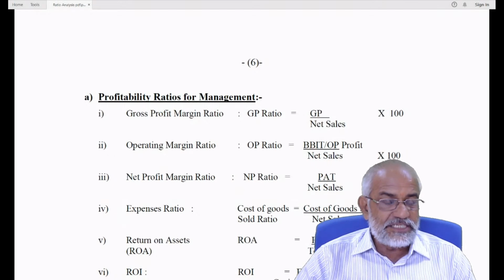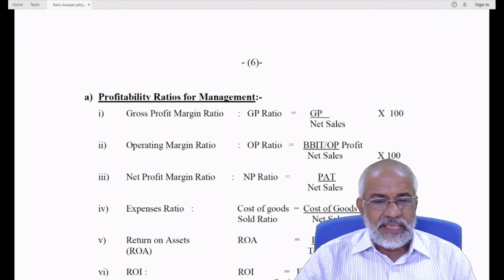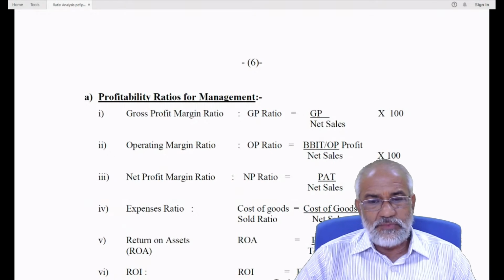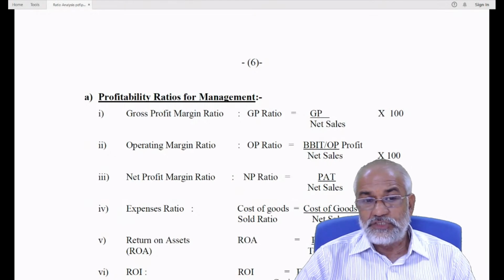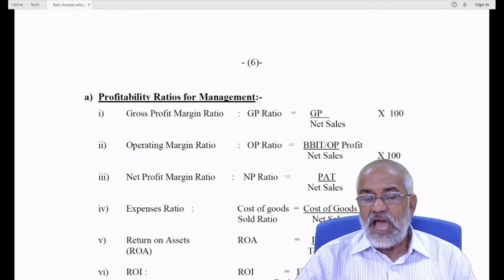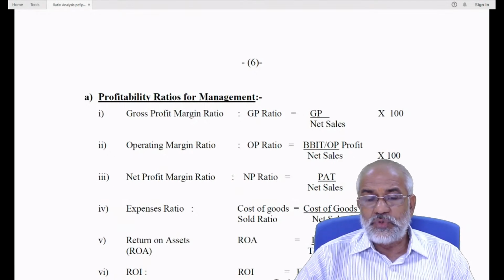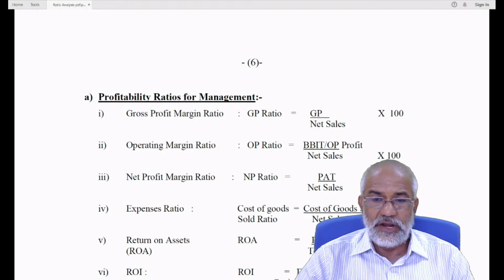Then expenses ratio. The expenses ratio is otherwise called the cost of goods sold ratio. How is it calculated? Cost of goods sold divided by net sales into 100.